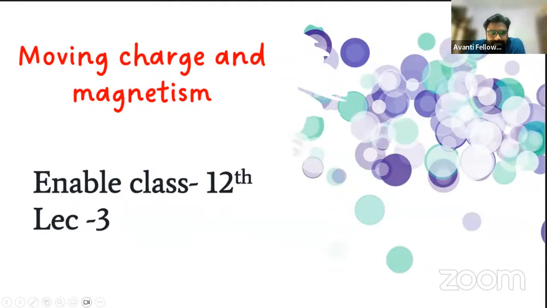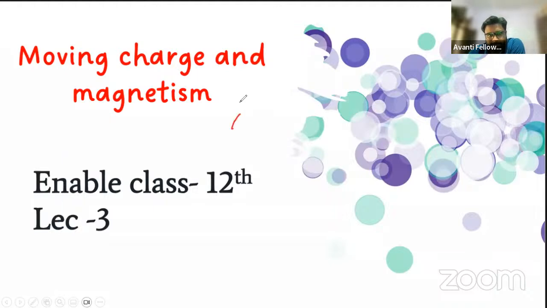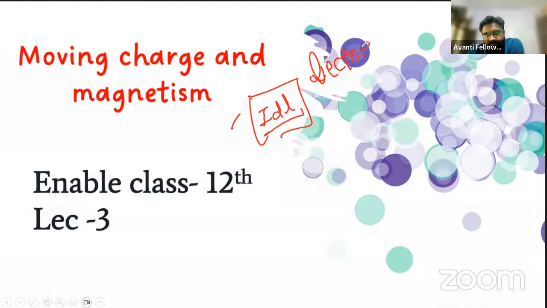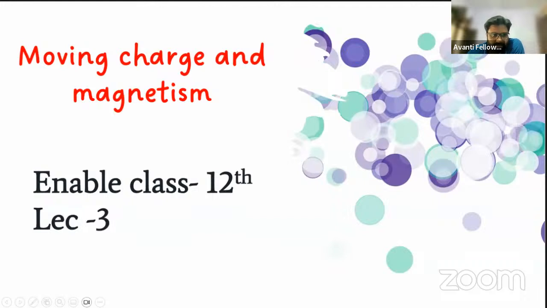The current element that we choose, ठीक है ना? Idl is a vector. That particular thing is the vector quantity. ठीक है? Clear?